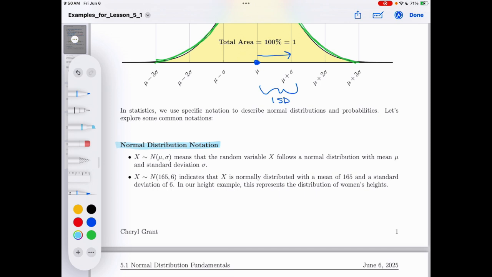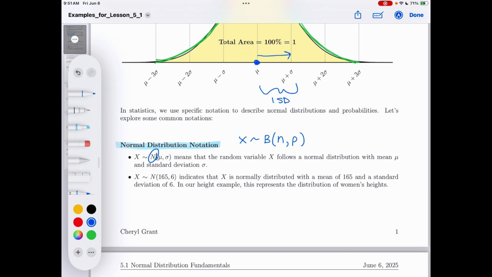Now let's look at the normal distribution notation. As a quick refresher, for the binomial, it looks like this. We have x with our tilde, and then we have our B, and then inside the parentheses whatever the values of n and p are. And that helps us describe the distribution.